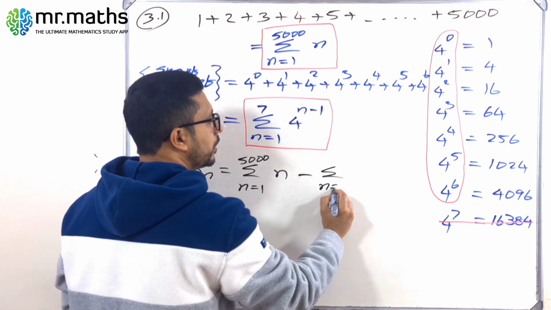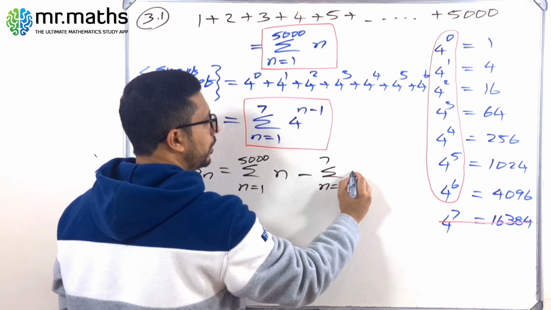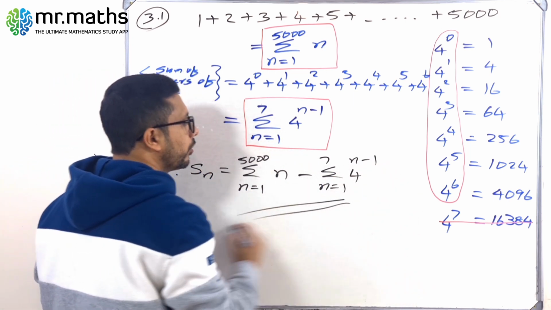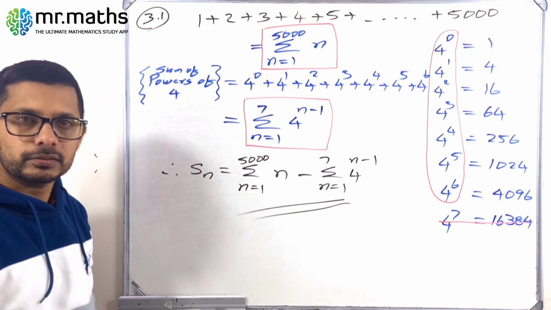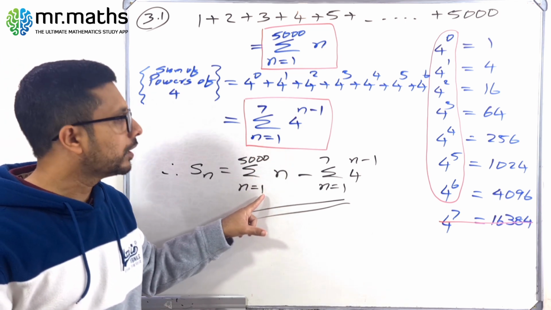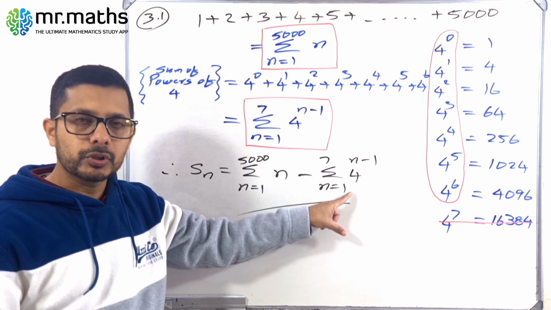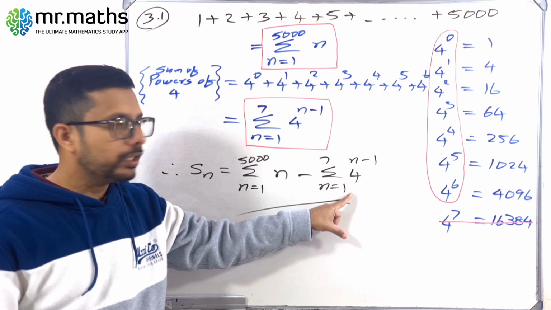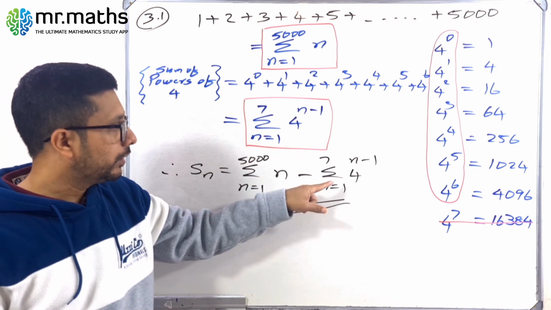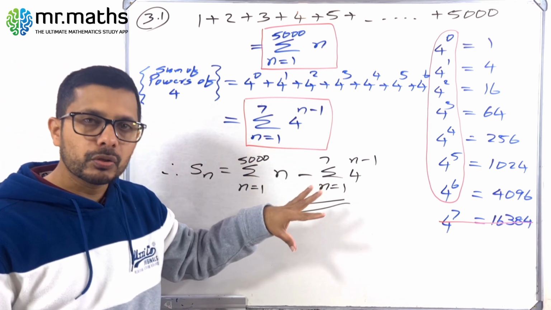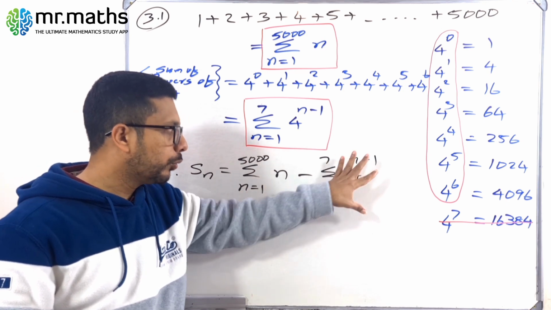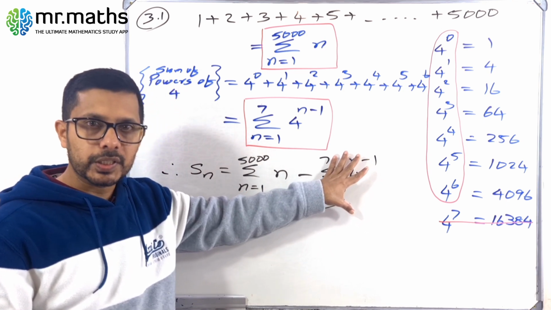Sigma n is equal to 1 to 7, 4 raised to n minus 1. This is the sigma notation for the series, and this is the sigma notation for the powers of 4, okay. So look once more: we remove the powers of 4 from the given series, you understand, okay.